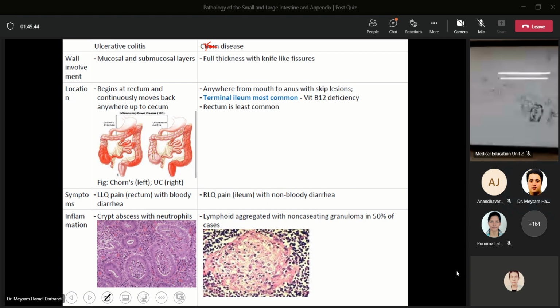Thailand, why will the patient develop vitamin B12 deficiency in Crohn's disease? Any idea? I will give you a big zero tomorrow, so do not tell me. Ahmad, why in Crohn's disease do we have vitamin B12 deficiency?